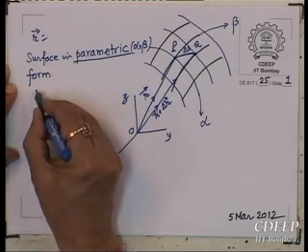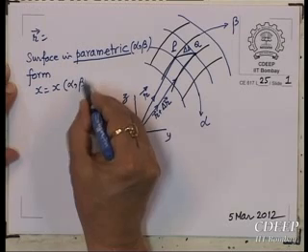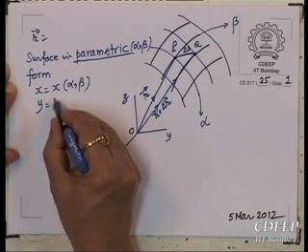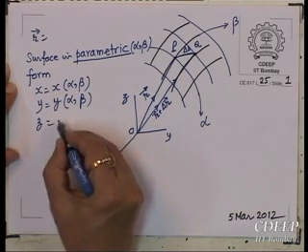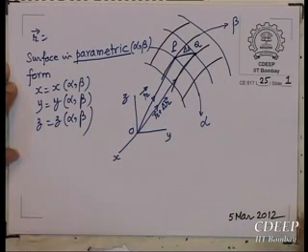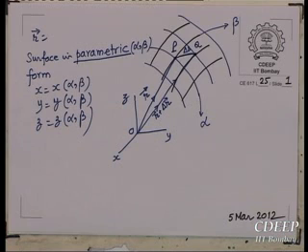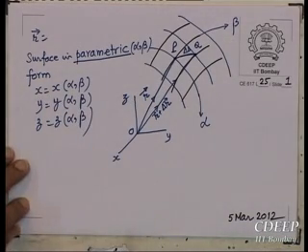They can be defined as x which is a function of alpha and beta, y which is a function of alpha and beta, and z which is a function of alpha and beta. So a surface in parametric form is defined by these functions.